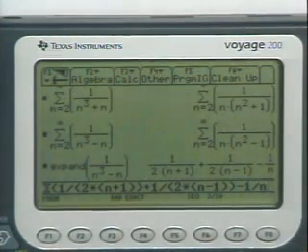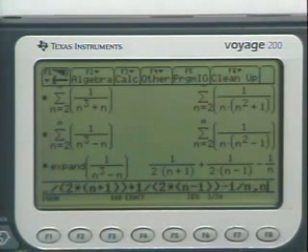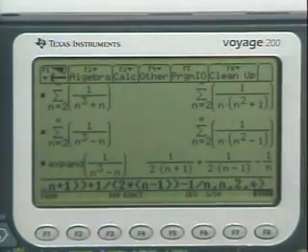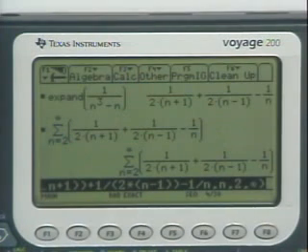And then it's ready to say comma n comma 2 comma infinity. And the computer algebra system says, sorry, I still can't do it.